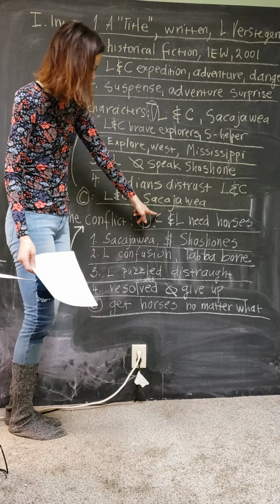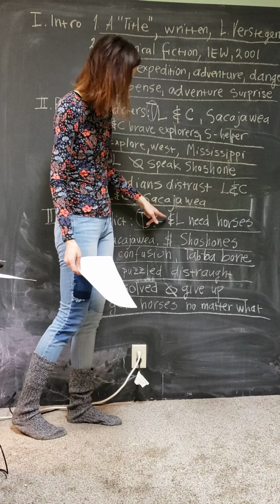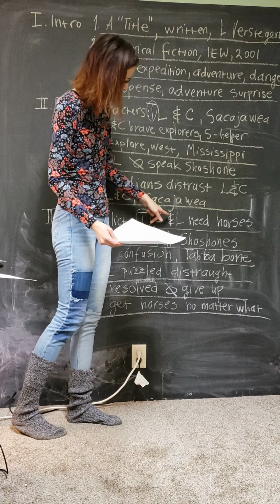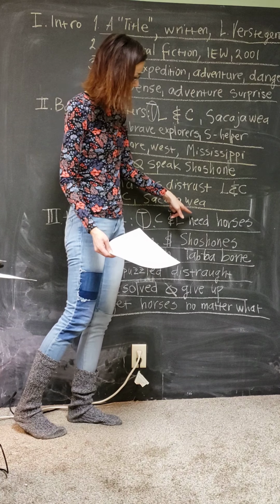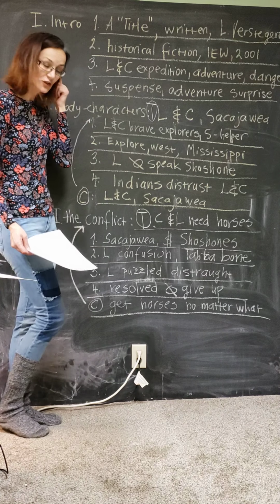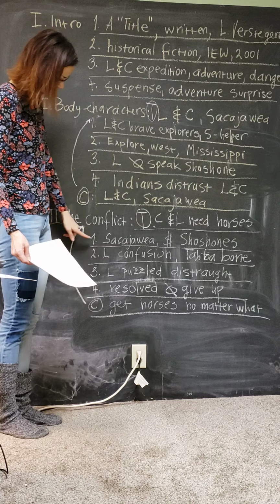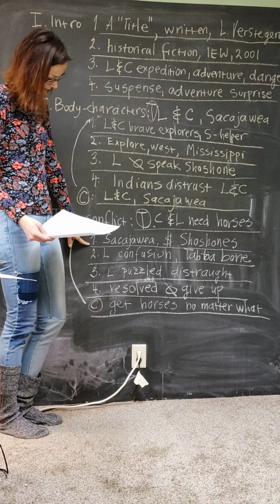So my topic sentence would say something like, my goodness, Lewis and Clark, I switched it here, so I switched my brain. Lewis and Clark need horses because they need to continue their expedition, and without the horses, they will not be able to do it.